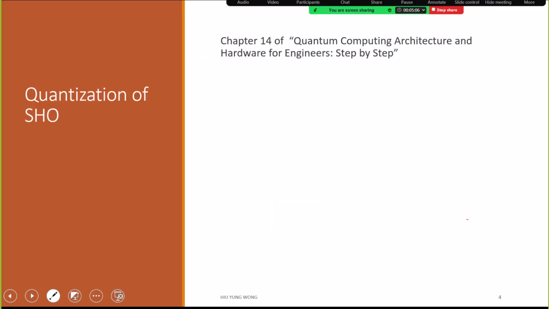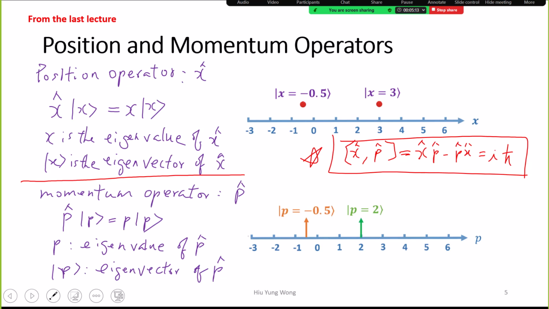Last time we already started the topics of the quantization of the SHO. So what did we learn? The first thing we emphasized is that the position operator and momentum operator are just operators. If it's difficult to understand, think of it as a matrix.